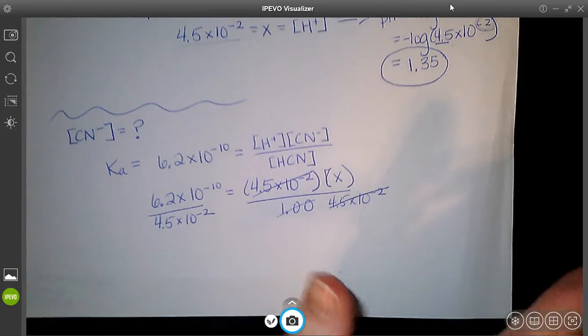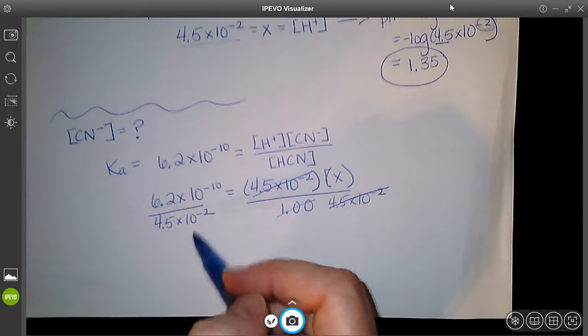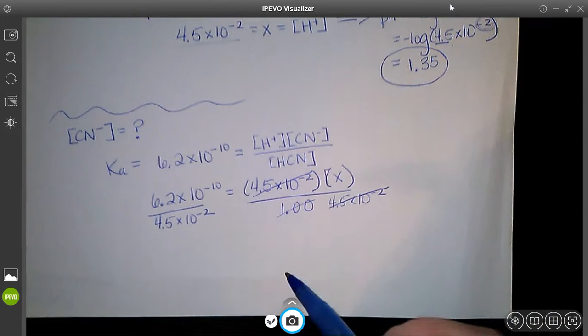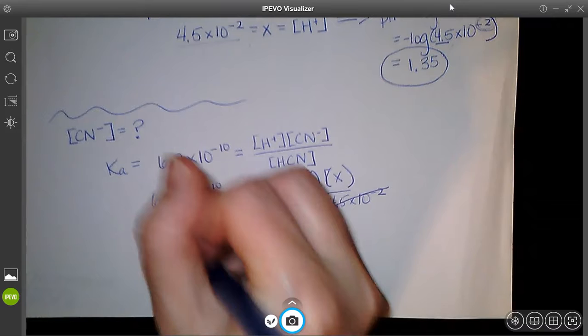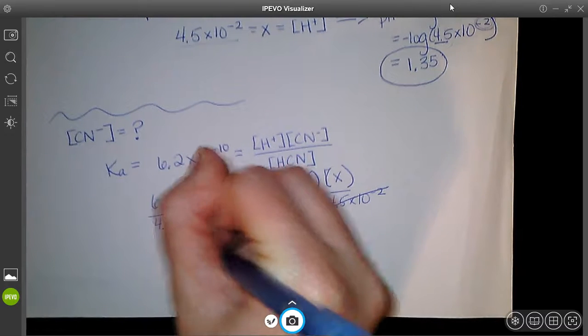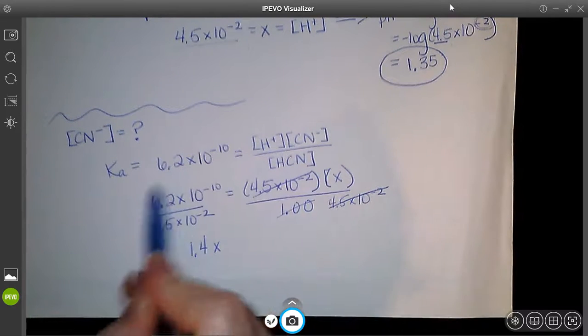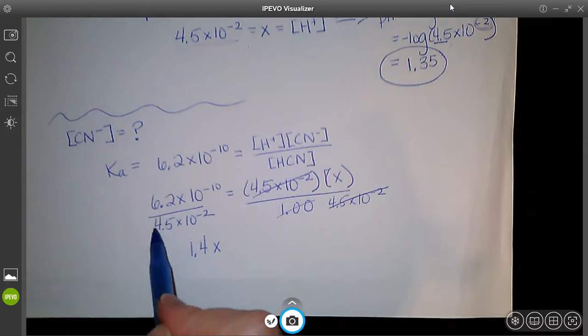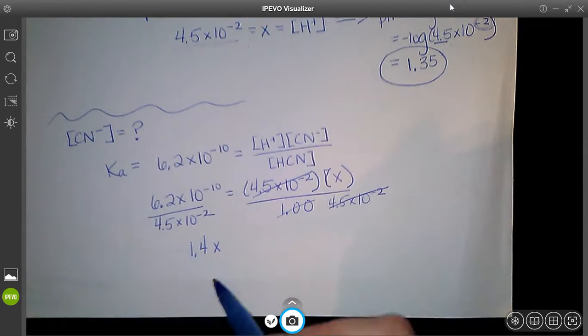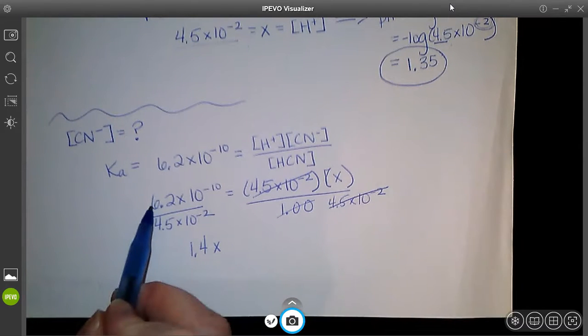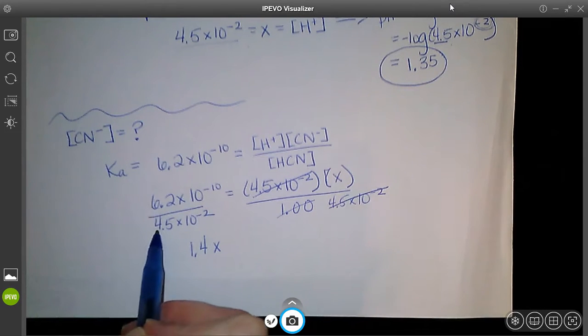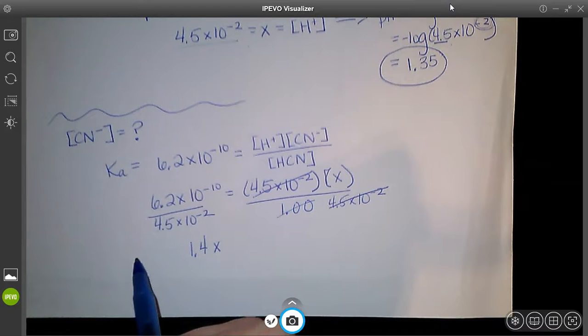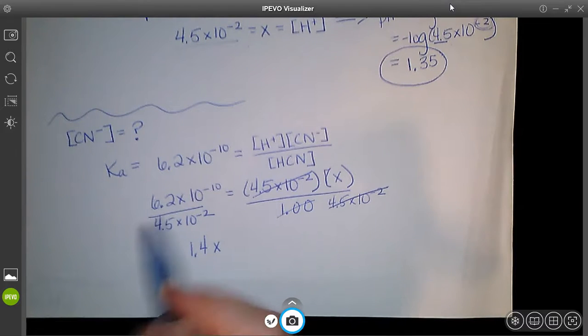So it's around 1.4, and when I do it in the calculator, it ends up being 1.3 something that does round to 1.4. But if you're doing this in your head, it's just going to be somewhere around there. If this were a multiple choice where you don't have a calculator, 6-ish divided by 4 would give you 1.5, so it's somewhere around there.